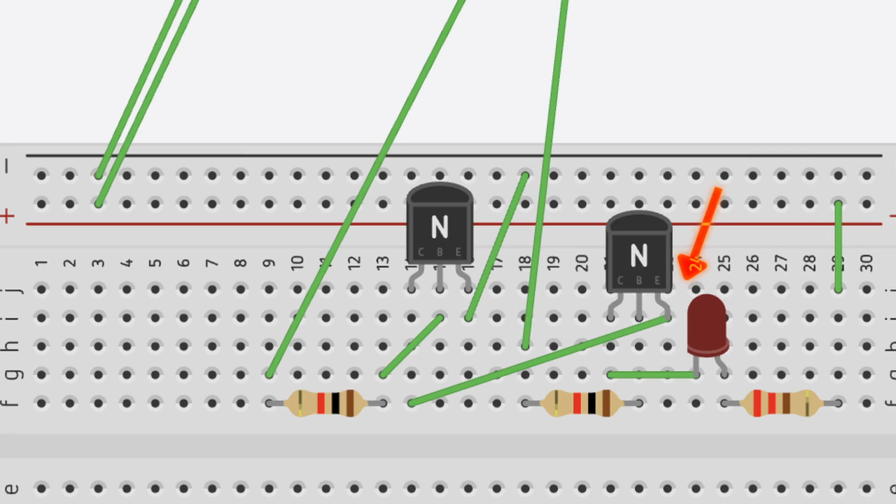So we take the emitter, which you can think of as the output of the transistor, and send it to the collector of the second transistor. See, it's on the same row up and down as the collector, so that whole row has power flowing through it. We'll end up controlling it with its base as well.